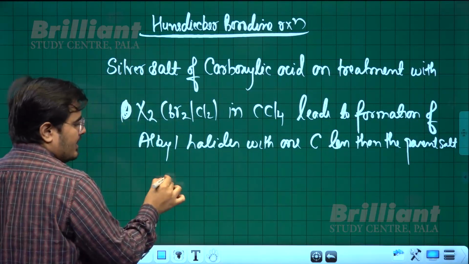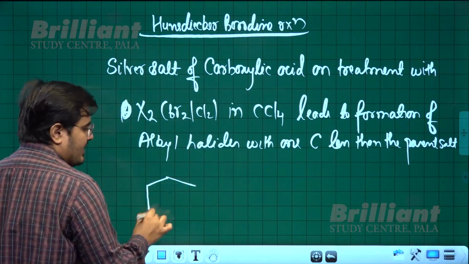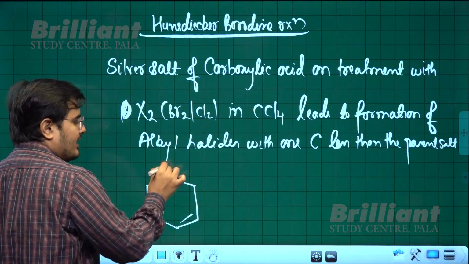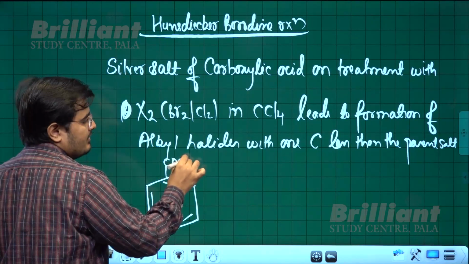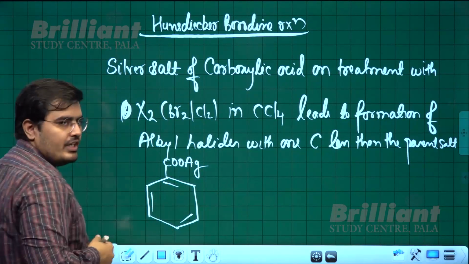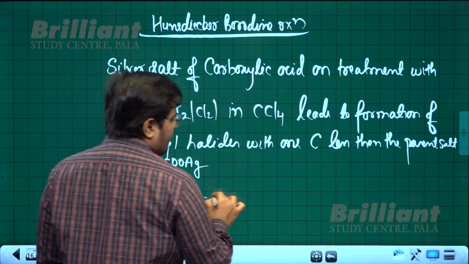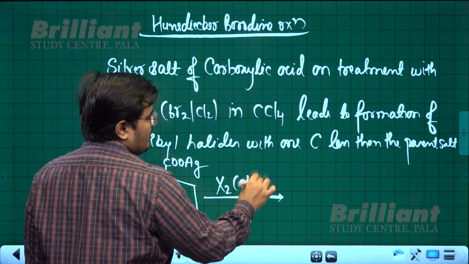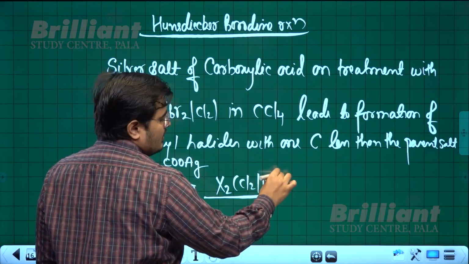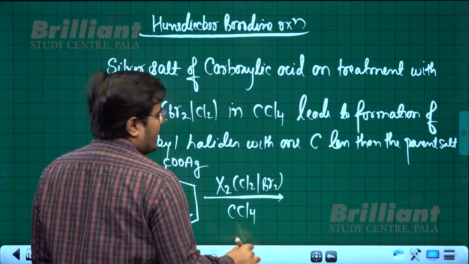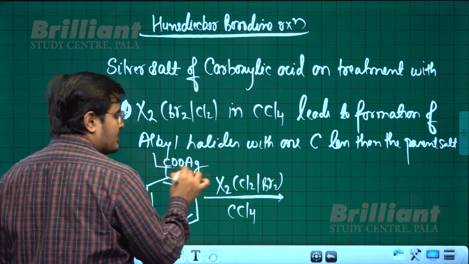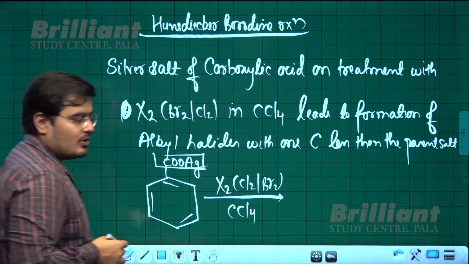That is, what I am trying to tell you here is that if I take a silver salt of any carboxylic acid, let's say this COOH, and I treat it with X2, which can be chlorine or bromine, in an organic solvent, let's say CCl4, then this part will undergo decarboxylation.